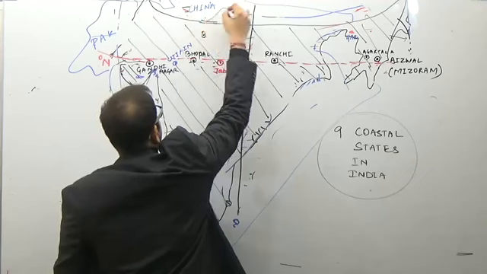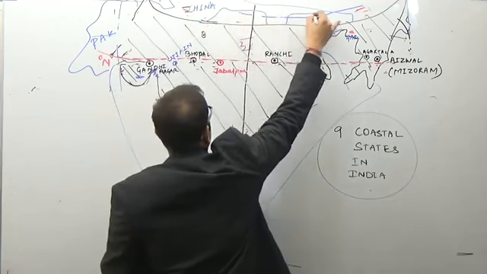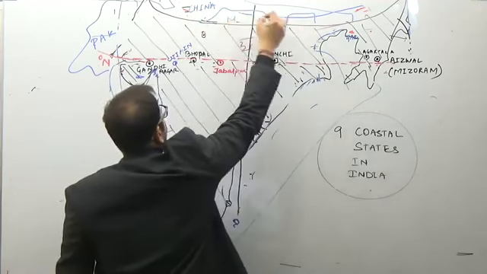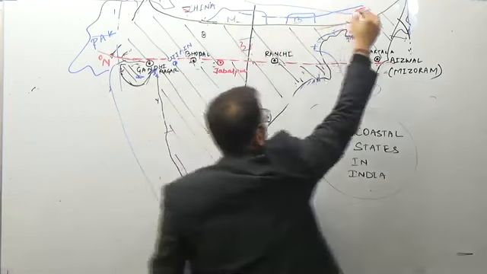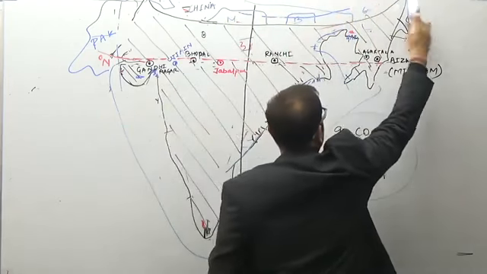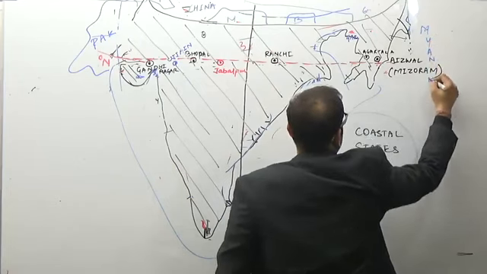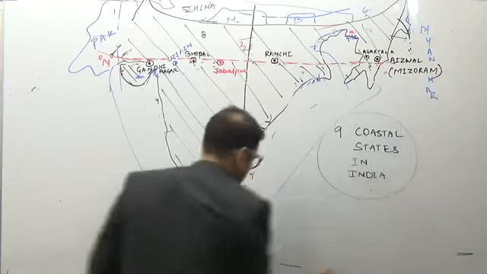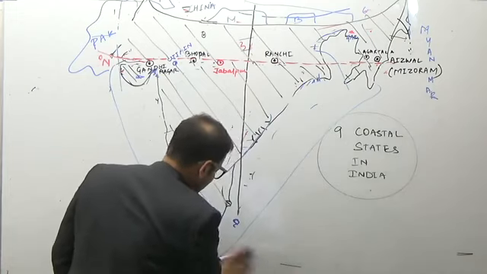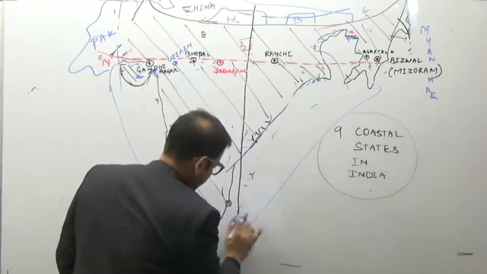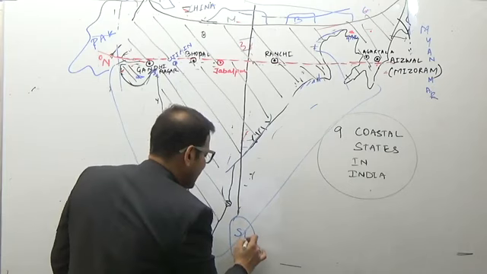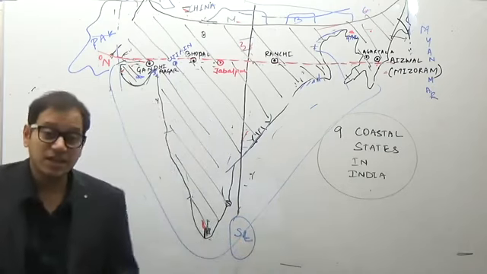In between there is Nepal and Bhutan. There is Nepal, Bhutan, and here again China, and then there is Myanmar or Burma here. And down there is the island of Sri Lanka. But we do not share any land boundary with Sri Lanka.